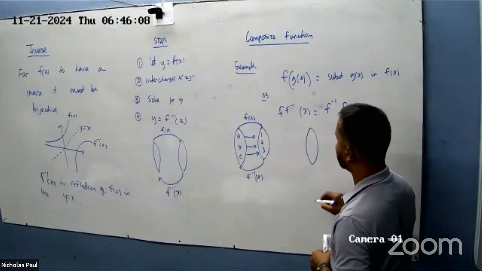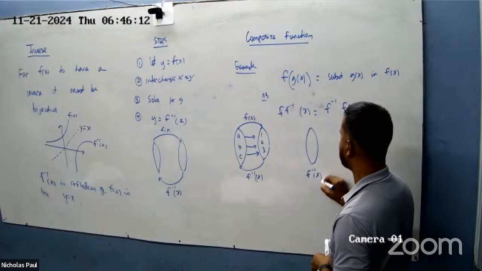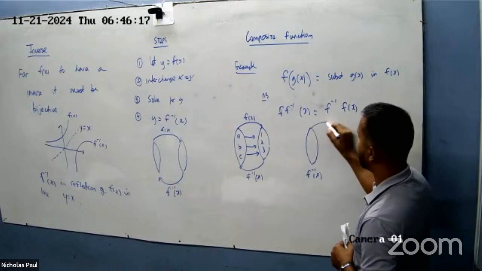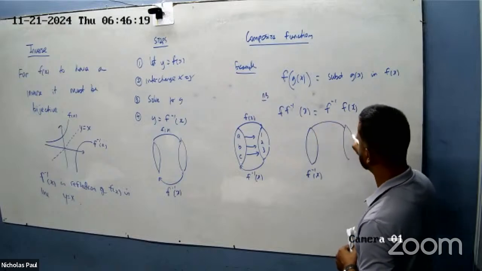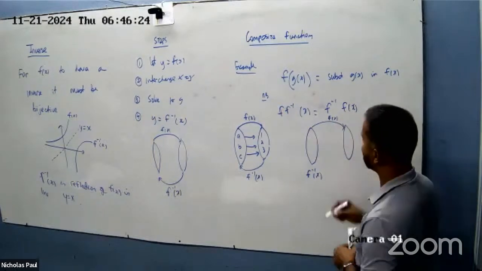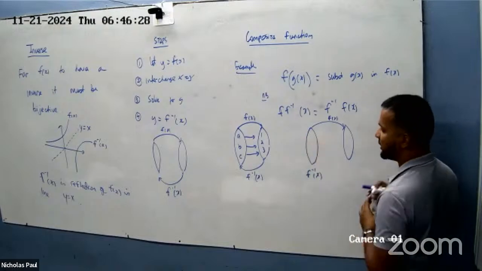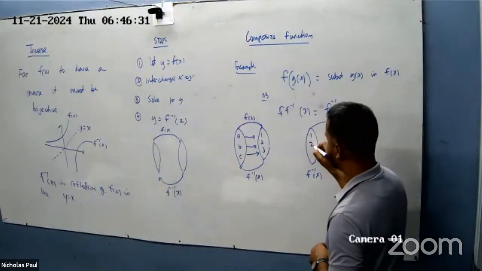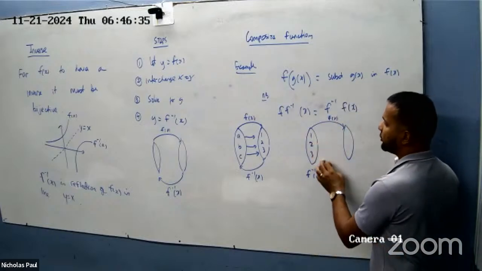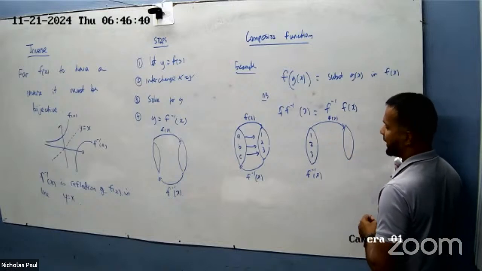Suppose I take f inverse x, all of these values, and I'm putting f inverse x into f of x. So I'm taking all my f inverse values, let's say it's 1, 2, 3, and I'm putting them into f of x. What will I get?